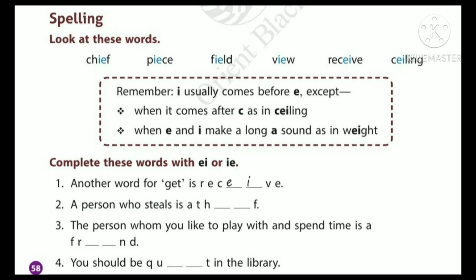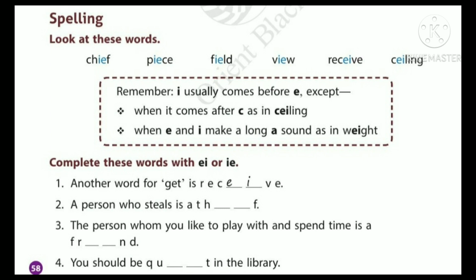Chief, peace, field, view, receive, ceiling. Remember, I usually comes before E except when it comes after C, as in ceiling, receive, etc. When E and I make a long A sound, as in wait.